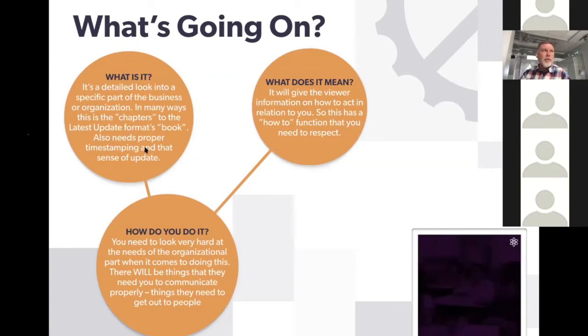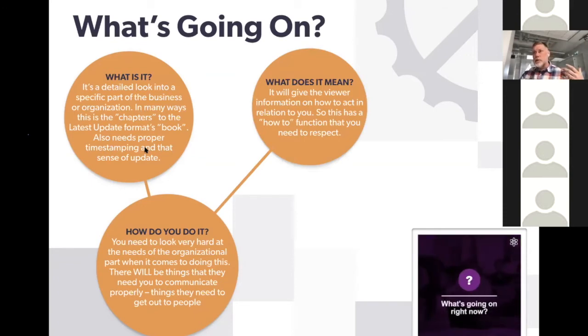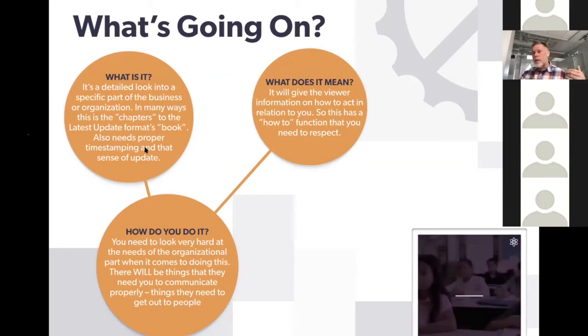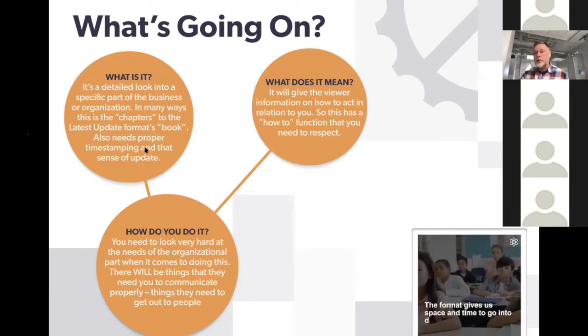Because this will give the viewer the information on how to act in relation to you. So in a sense, it has a how-to function, but mainly it will be an update of what's happening.